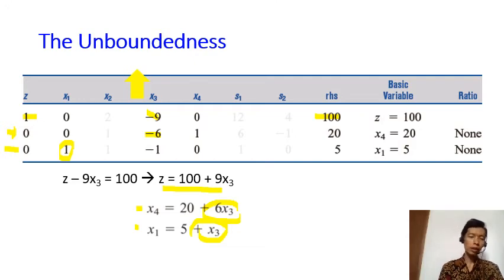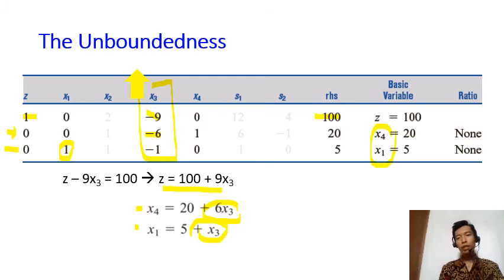They will not violate the sign restrictions. So that's why this problem is unbounded. You can set the entering variable as large as possible without causing the variables that are basic at this moment to become negative. They will still be positive, so you can set x3 as large as you want.